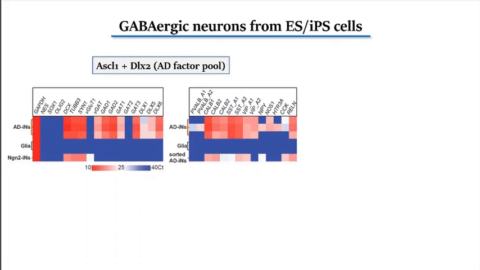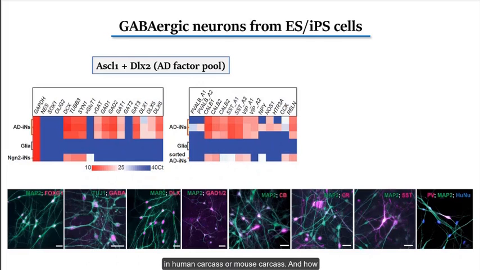From our bulk RNA-seq data, we saw that these cells are a mixture of cells expressing calretinin, somatostatin, VIP, NOS, NPY, etc. These are GABAergic neuron markers that people actively use in vivo to identify types of GABAergic neurons present in human cortex or mouse cortex. And how do they look?